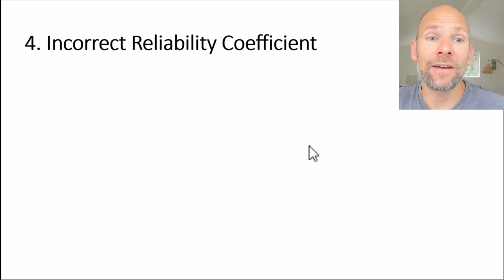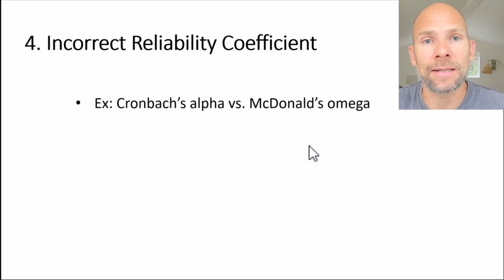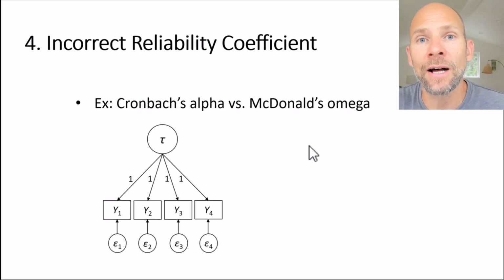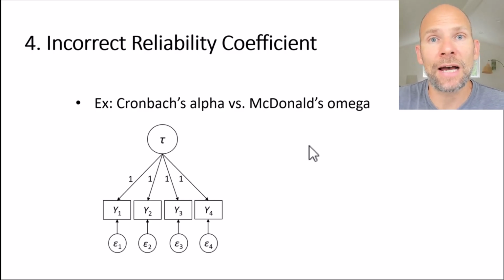Fourth, not having the right reliability coefficient, or using the wrong reliability coefficient. For example, using Cronbach's alpha when instead you should use McDonald's omega. Keep in mind that reliability coefficients come with implicit measurement models. For example, Cronbach's alpha comes with the assumption that you have a single factor tau equivalent measurement model.